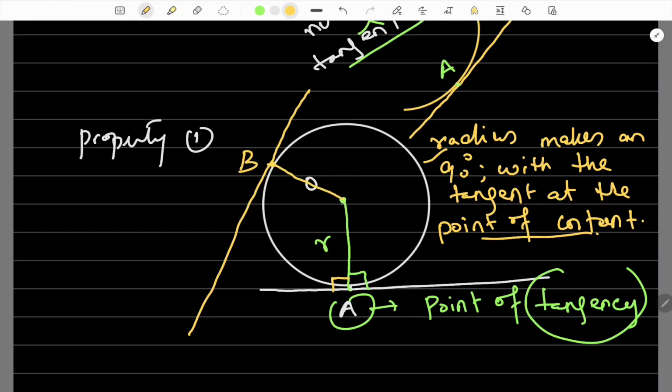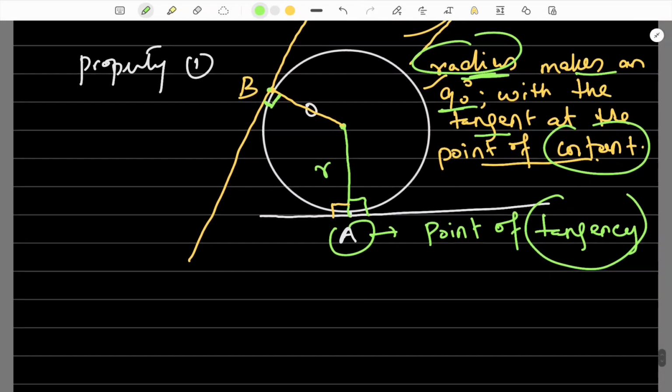A radius is drawn from the center of the circle to the point of contact. So beta, radius always makes an angle of 90 degree with the tangent. Radius makes an angle of 90 degree with the tangent at the point of contact, at the point of tangency, you can say. Clarity, beta? Property number one, very simple one.